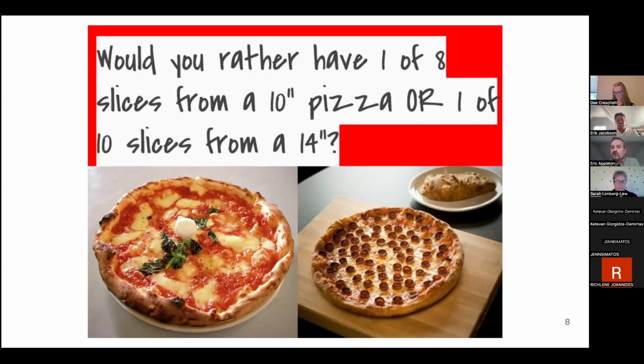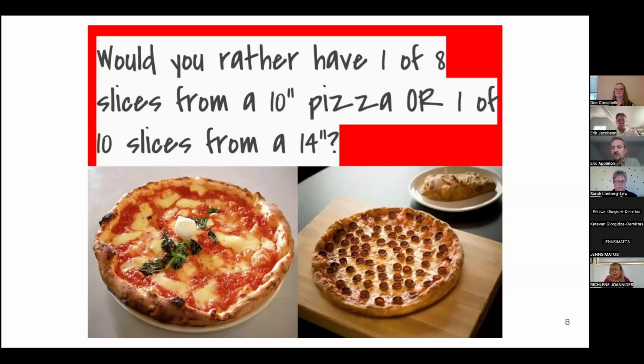Is there anyone here who would like to argue that 1 out of 8 is the choice that they would choose? It's better for them. How about anyone who would like to argue for 1 out of 10?